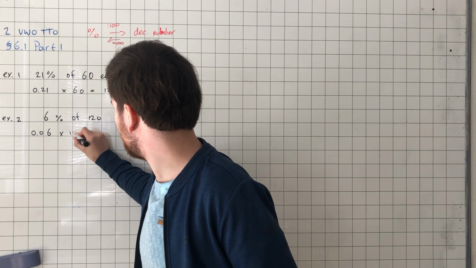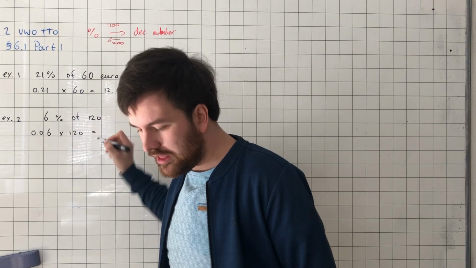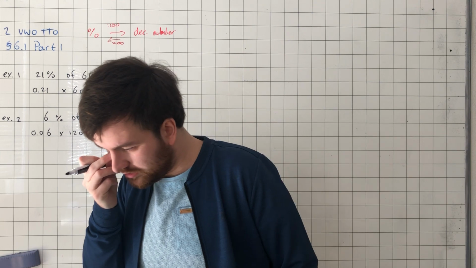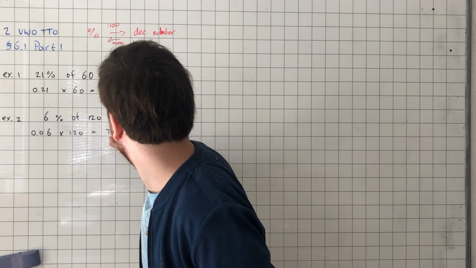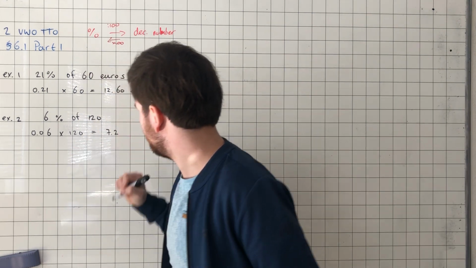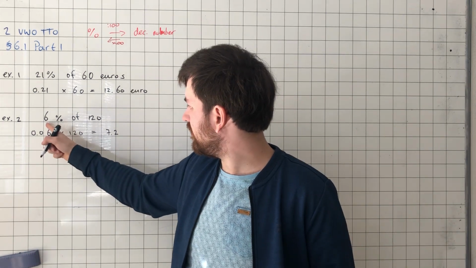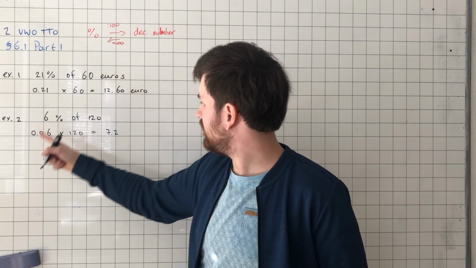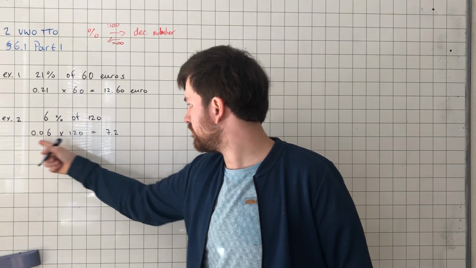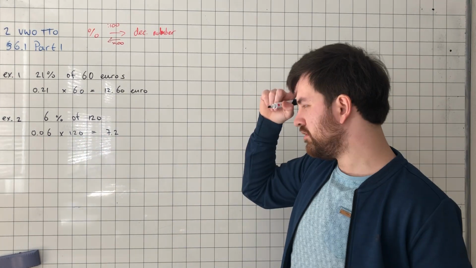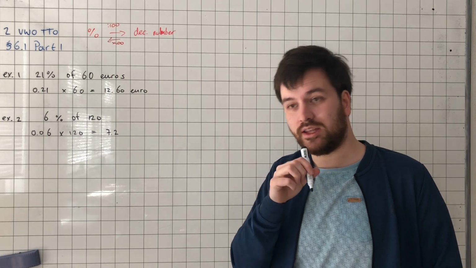Multiply with 120, and we find that's 7.2. Keep in mind, divide the number by 100, then you find 0.06, and then you have to multiply. Are there other ways to do this? Yes, this is just one of many ways.